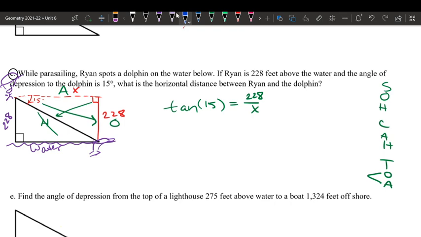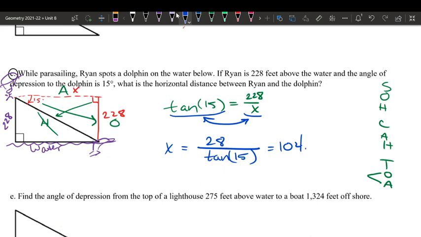And when x is in the denominator, it trades places with the trig. So x equals 28 divided by the tangent of 15, which is 104.497.